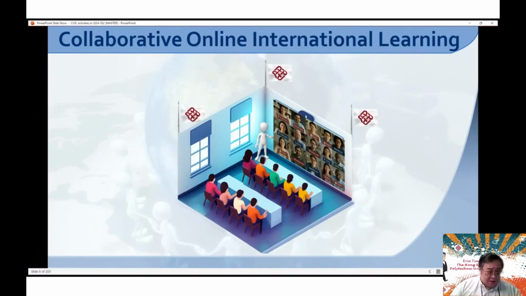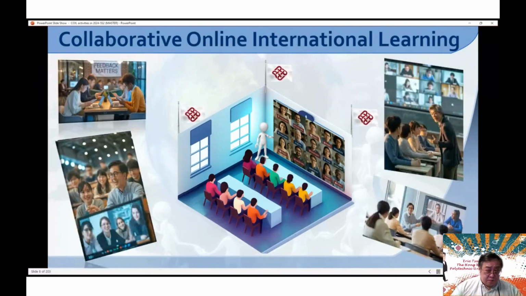Now, that's as far as the PolyU classroom is concerned. Now you see that there are 4 other pictures put up around it, and I would ask you to interpret these additional pictures to be the classroom environment of the foreign universities.